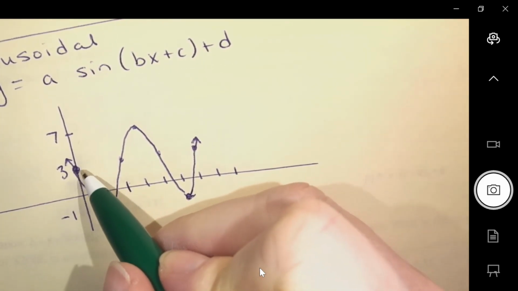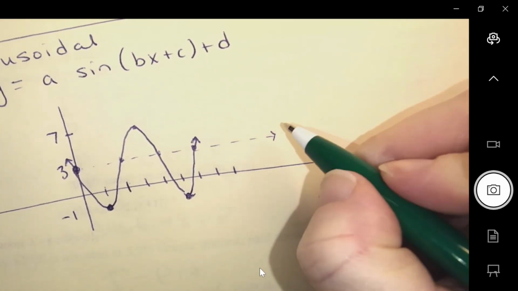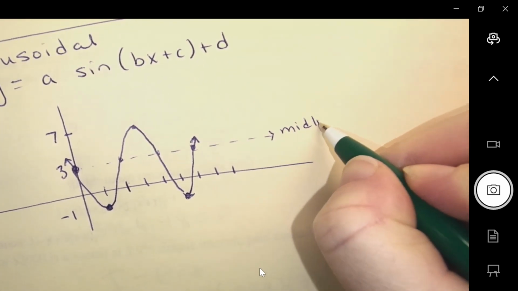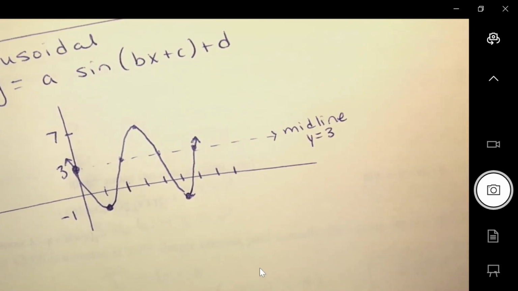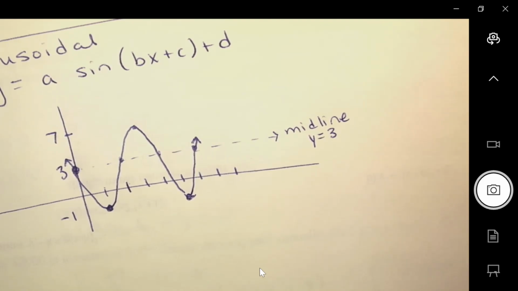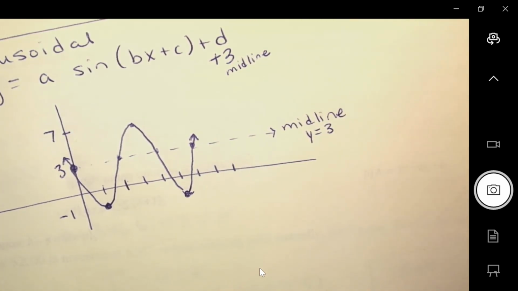We know that the midline is y equals 3. So I do know that my equation would have a plus 3 at the end of it.